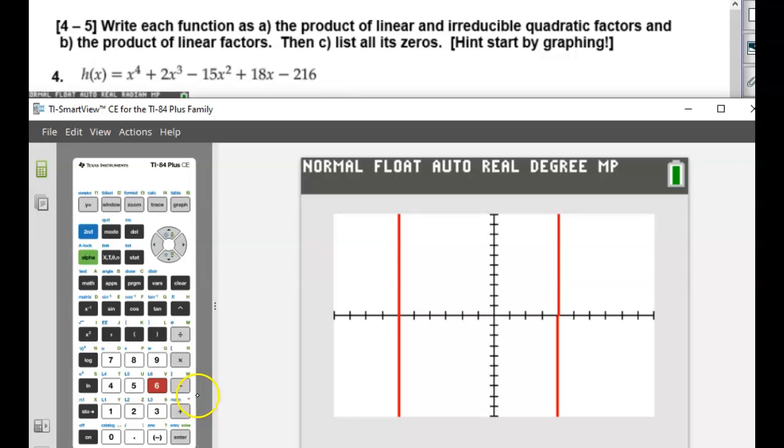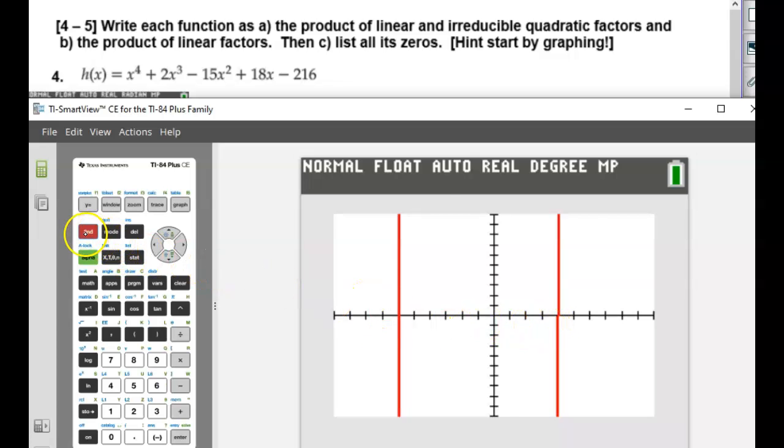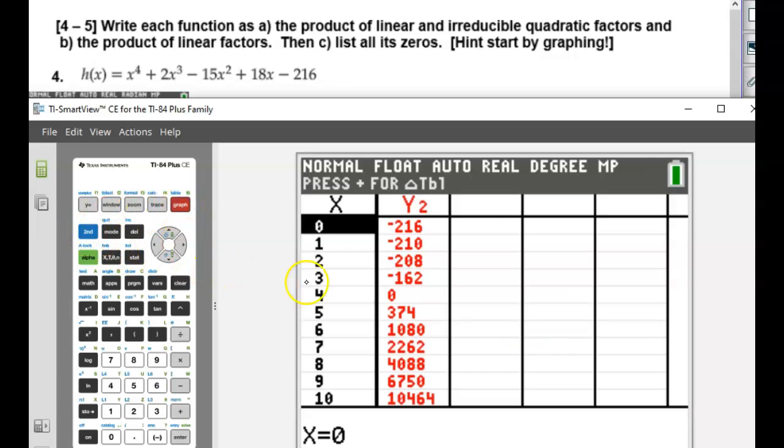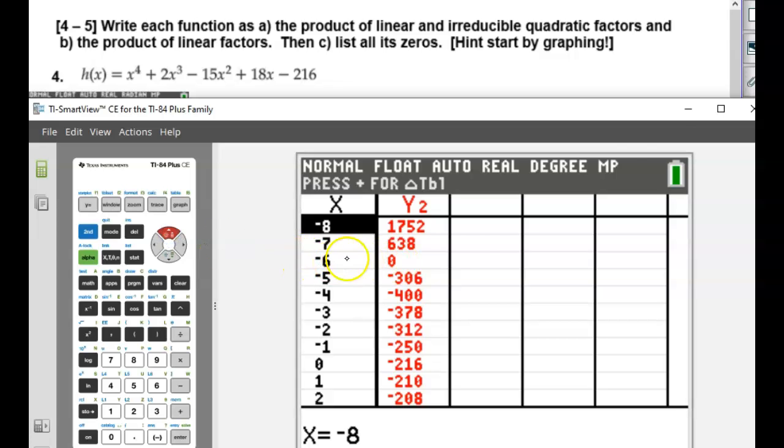Well, it helps us find 2 of them anyway. Anybody know where they are? Did anybody check them? Remember, you can also look at your table. Looks like there's one at 4, and then there was a -1. Looks like -6.